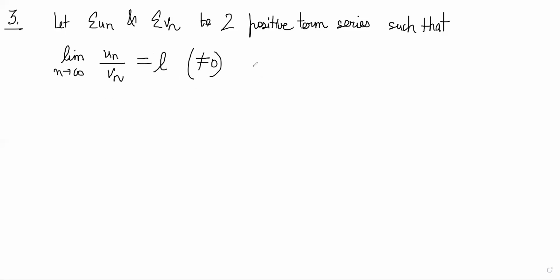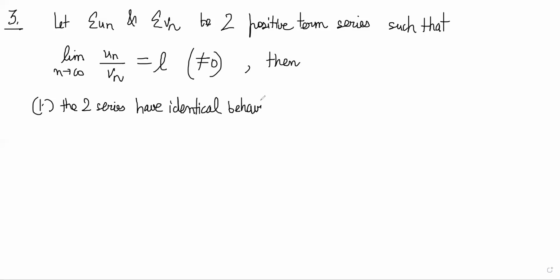Then the two series have identical behavior with respect to convergence. Basically, it means that both will be converging or both will be diverging in relation to convergence.